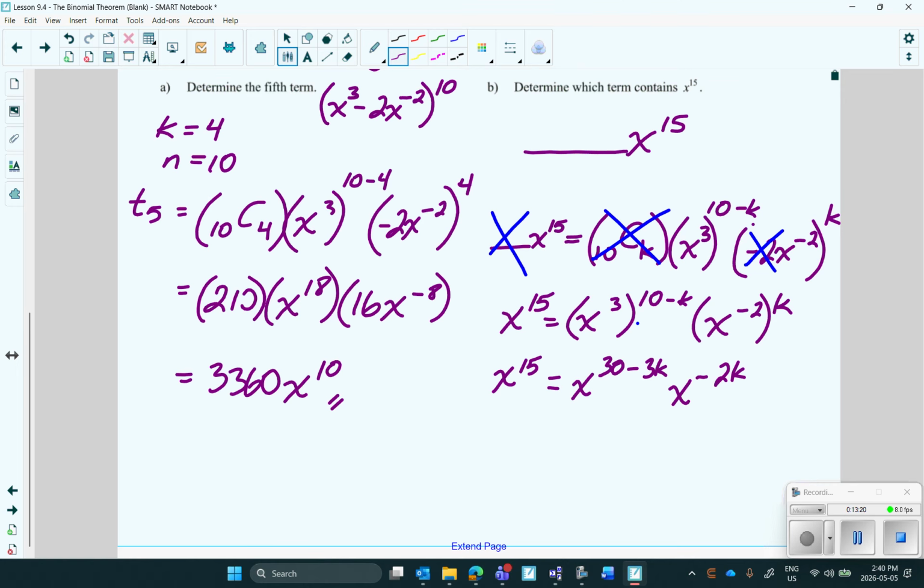Can I simplify this? When I multiply two powers, what do I do with the exponents? Add them. So I get this plus this, which gives me 30. What's this plus this? Minus 5k.